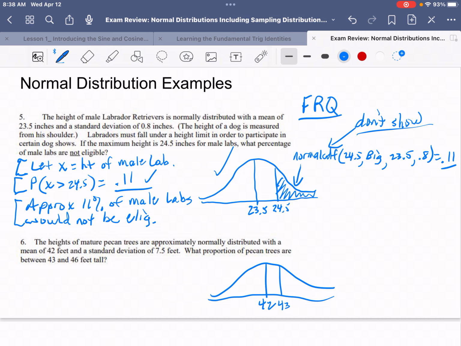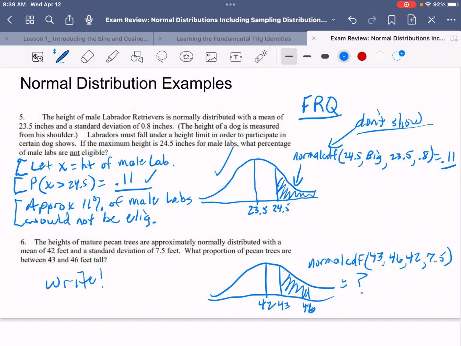So 43 is here and 46 is here. So we're looking for the area in between. So that would be normal CDF, 43 lower bound, 46 upper bound, 42 mean, and 7.5 standard deviation, and get your answer. And write it up just like we did the one above.